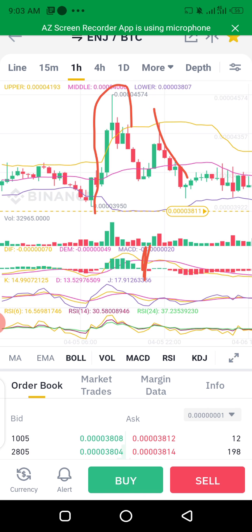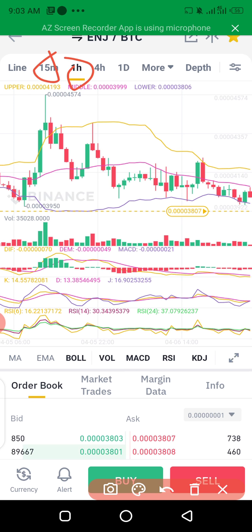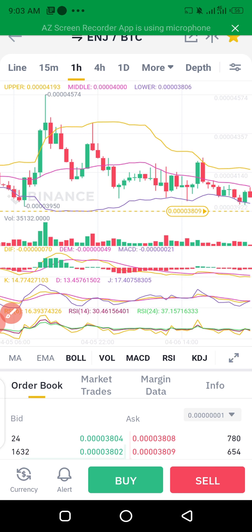And mind you, according to what I've been saying in my previous video, in your chosen time frame, most especially if you want to base your trade, don't use a smaller time frame. At least start from the 4 hours time frame. You can only use the 1 hour, 15 minutes, 30 minutes time frames, if you click here, to analyze what you want to place your trade on the 4 hours time frame.